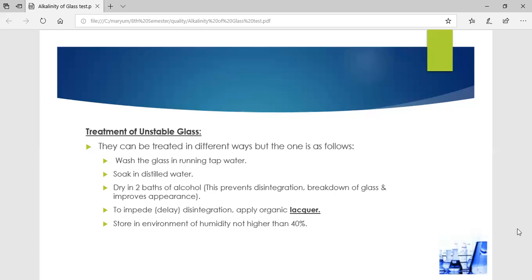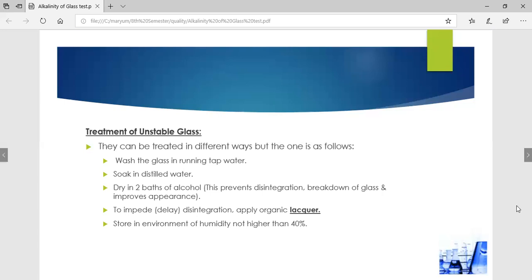So after all this treatment of the glass to make it more stable, and to save it from hydrolytic reactions, we have to store it in an environment such that the moisture content is very controlled, and the carbon dioxide gas does not react with the glass, sodium and potassium oxide.